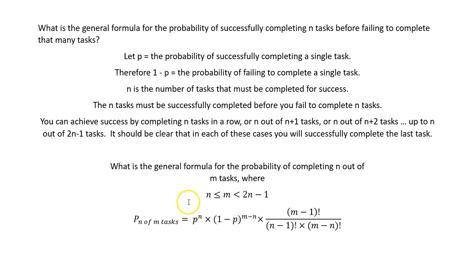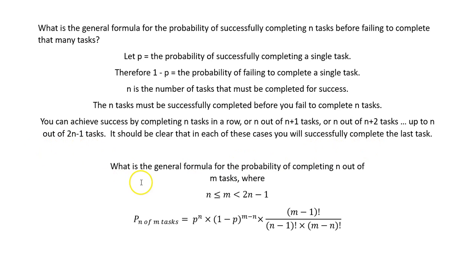So let's let P be the probability of successfully completing a single task. Therefore, 1 minus P is the probability of failing to complete a single task. N is the number of tasks that must be completed for success. Now again, you can complete N out of N, N out of N plus 1, N out of N plus 2, up to N out of 2N minus 1.